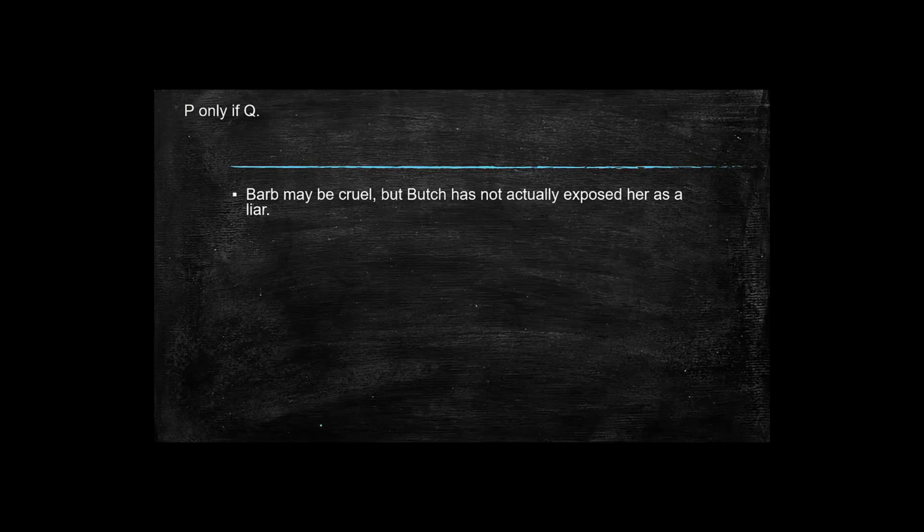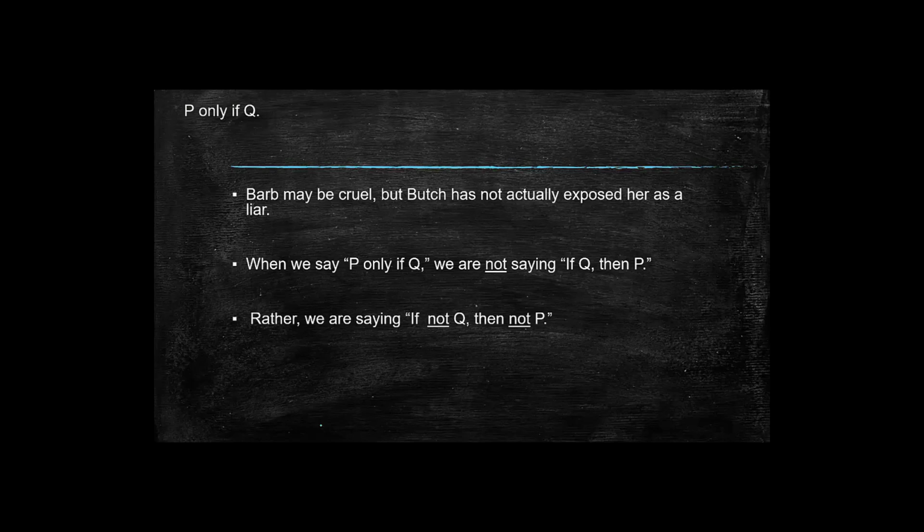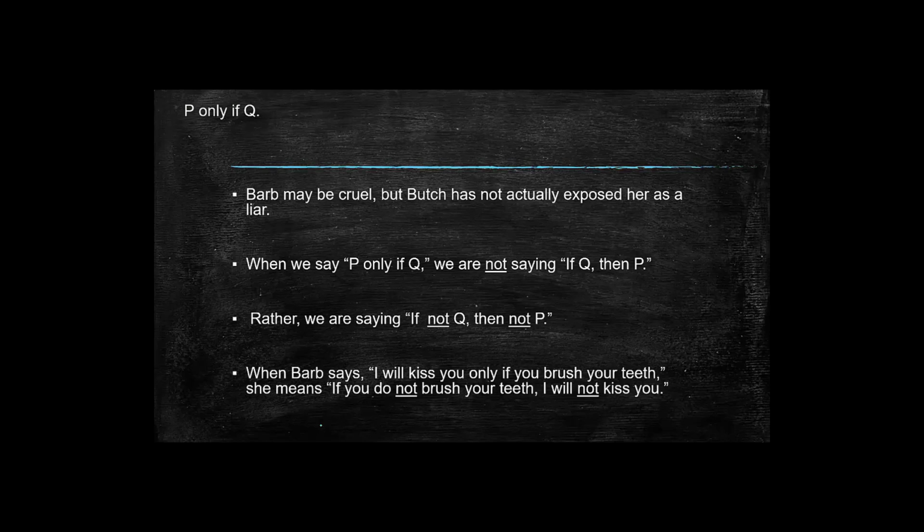Well, Barb may be cruel, but Butch is not actually exposed to her as a liar. When we say P only if Q, we're not saying if Q then P. Rather, we're saying if not Q, then not P. When Barb says, I will kiss you only if you brush your teeth, she means if you do not brush your teeth, I will not kiss you.